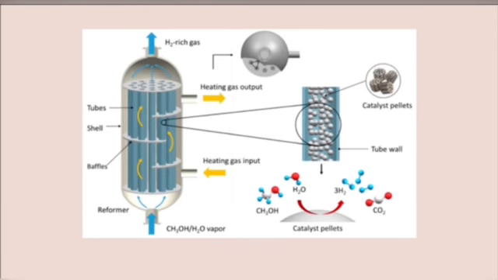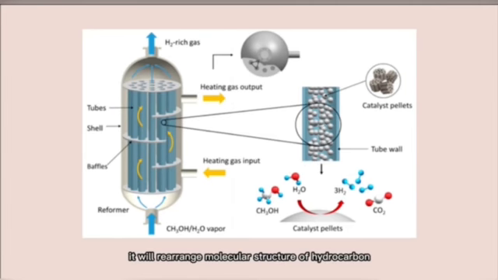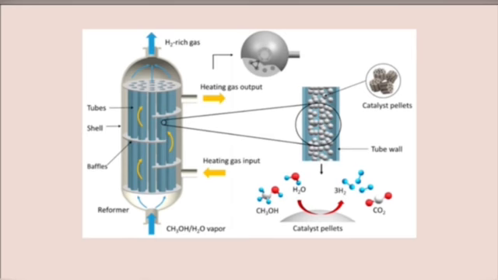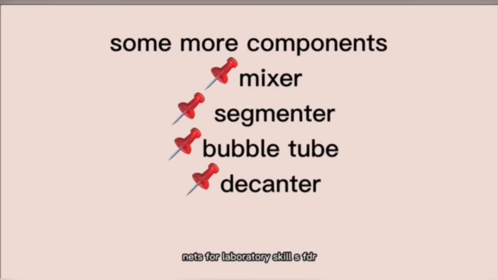For the reformer, it depends on the sector. It will rearrange the molecular structure of hydrocarbons. Lastly, we have heating gas input and heating gas output. Heating gas input is where the gas enters, and the output is where the gas exits. Next, the laboratory scale SFTR is composed of a mixer, segmenter, bubble tube, and decanter.